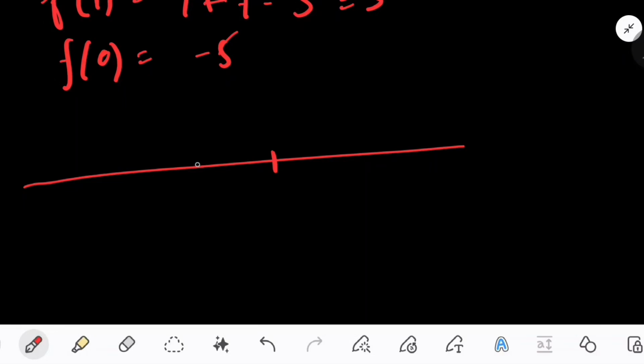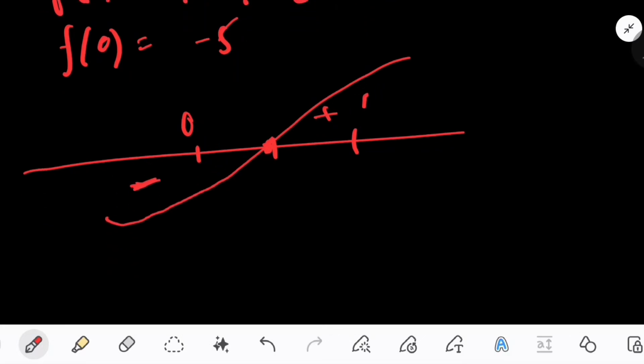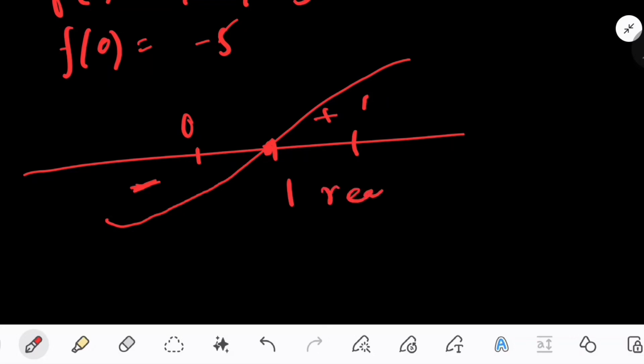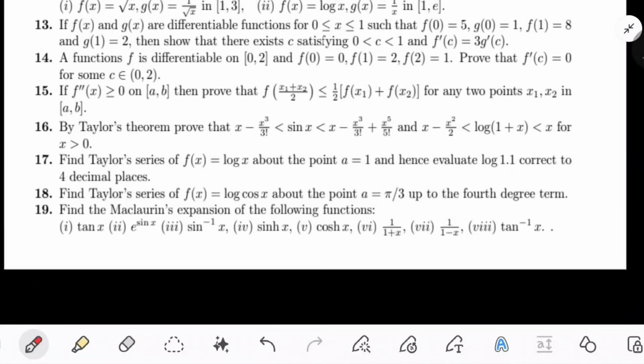At some point between 0 to 1, the function is negative over here, and then it is increasing, right? So it is cutting the x-axis at least at one point, at max at one point. Exactly one time it is cutting the x-axis, so it has one real root. Okay, I hope you understood it.